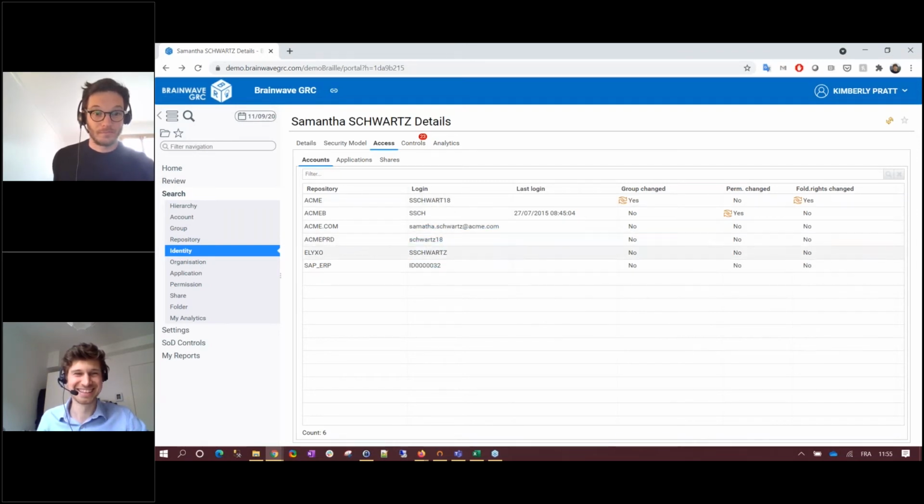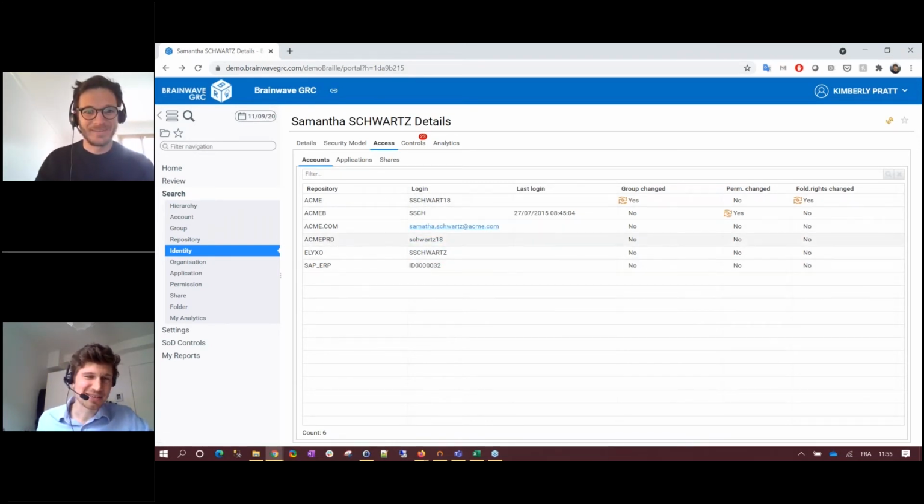Here are the details of the different accounts this user has across the organization, on the different applications.